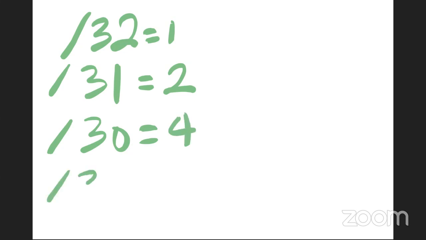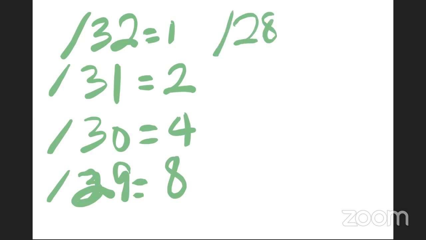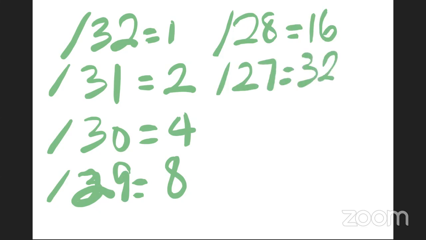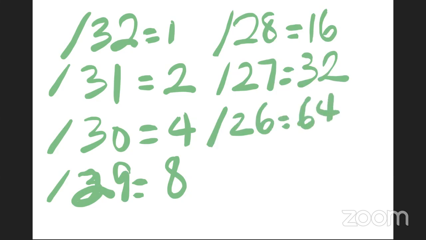When we have 29, we have 8. When you have 28, we have 16. When we have 27, we have 32. When we have 26, we have 64. When we have 25, we have 128.